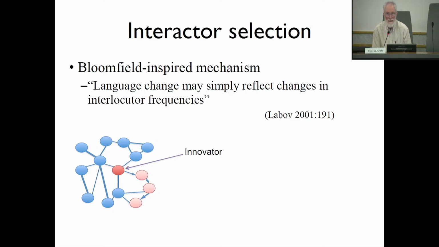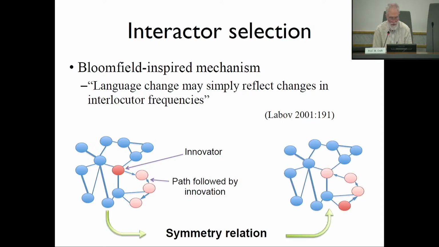So the way the innovator speaks gets passed on that chain of interactions. That's the path followed by the innovation. And then it gets symmetric. We're going to treat it as symmetric, since all that matters is who you talk to. It doesn't matter who actually says it first. It'll go to the people they talk to first, and then get passed on down the chain, like in the other direction on the right-hand side of the diagram.